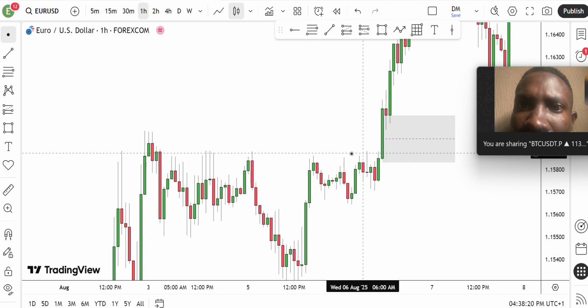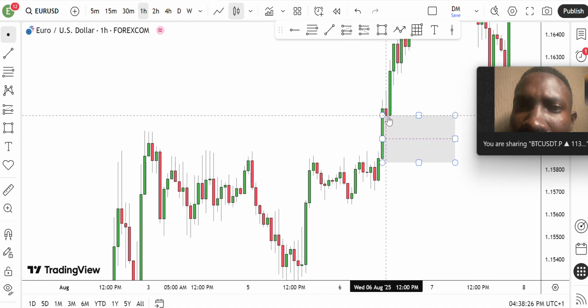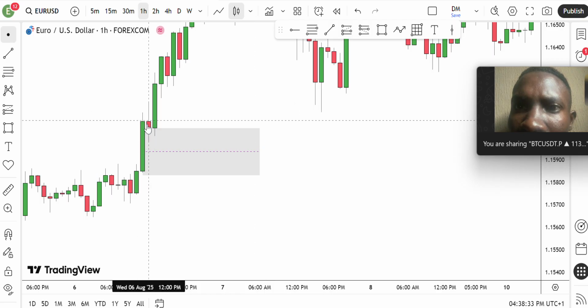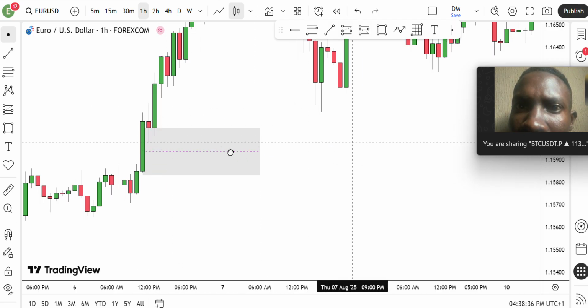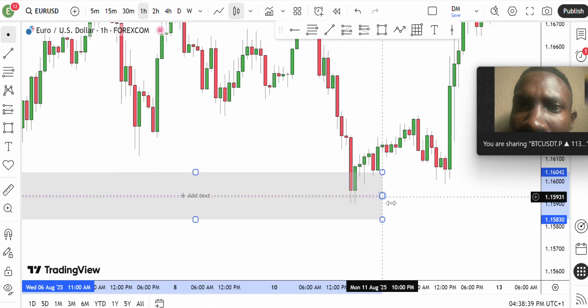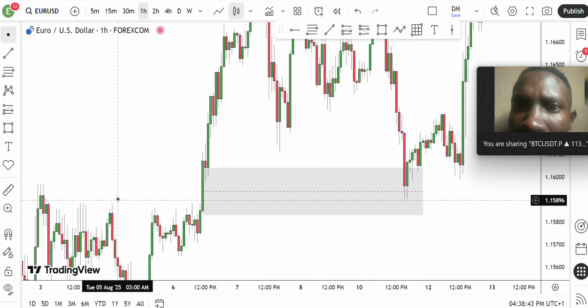So we can draw our box to the top of this place like this, and put the top of the box around here, because there was a reaction, one, two here before price moved from there. And so when price came back, it tapped into this place as a breaker block. You see that?